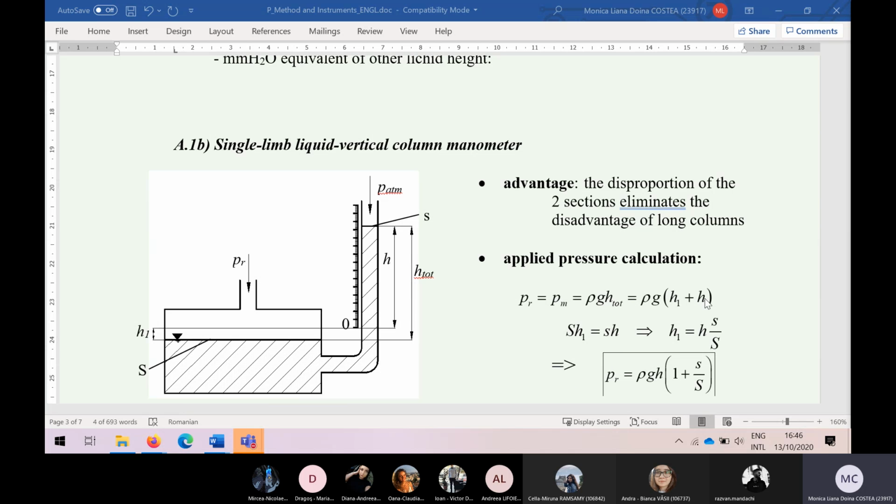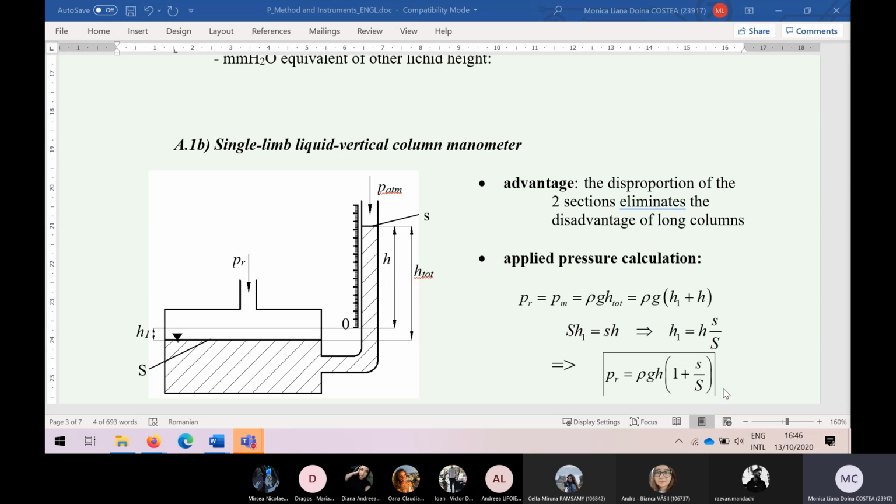Namely, we still have the total height in discussion, just that we don't have control of this height where the liquid goes down in the reservoir in order to rise in the tube when the relative pressure is applied. But by equivalence of volume, we may have this H1 in the reservoir being a function of the two cross-sectional areas, and H, the information that we can read.